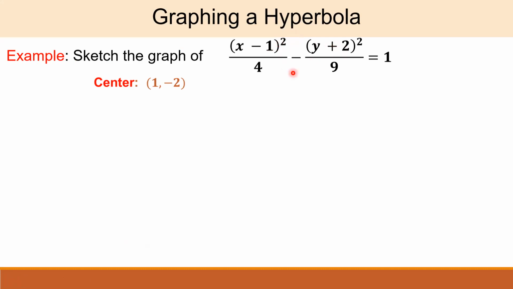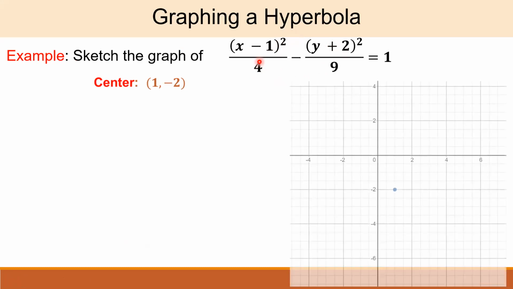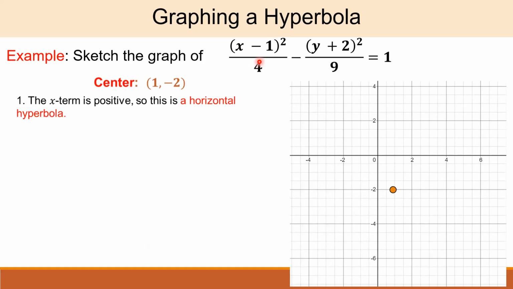Okay, what kind of hyperbola is this? Yan. So since the positive is located under the x, what we have is a horizontal hyperbola, just like the x-axis. So horizontal hyperbola.